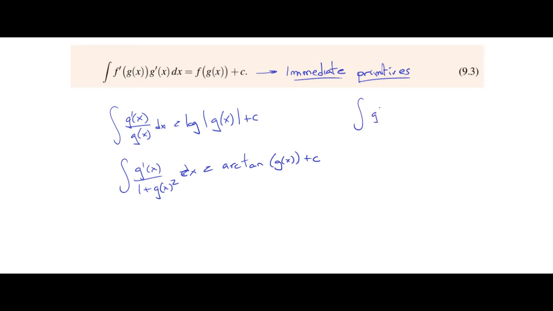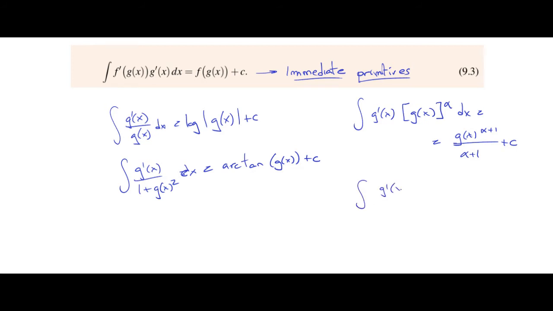Now if you have g prime times g to the alpha, then this is equal to g to the alpha plus 1 divided by alpha plus 1, plus c. You see, in all of these cases, if you differentiate this side, you get this, so it's easy to see.